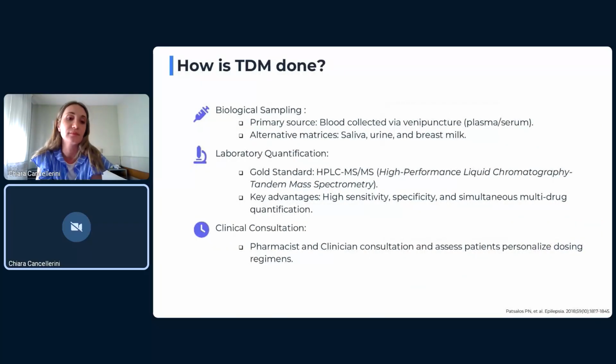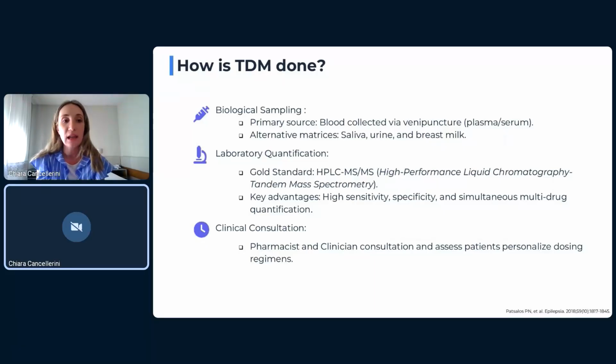So to go deeper into how TDM is done, we use biological sampling. Blood collection by venipuncture remains the standard approach to measure total drug concentration, but alternative matrices are also becoming increasingly important, like saliva, urine, or breast milk.